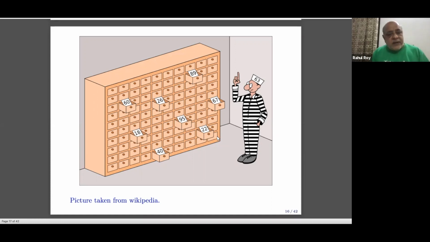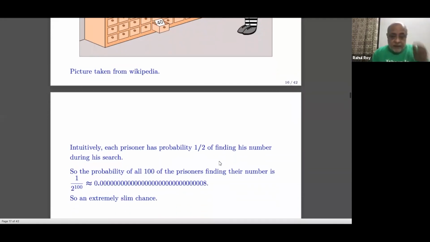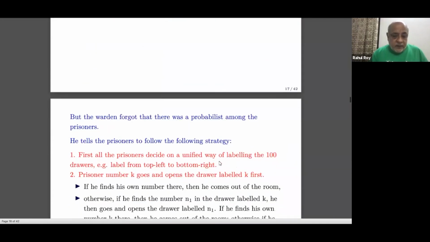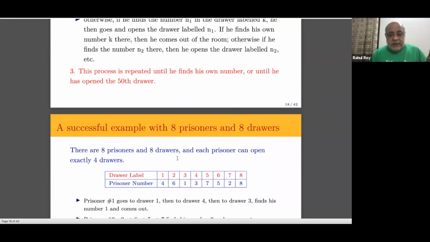And if he finds his own number within these 50, then he comes out, and all the 100 prisoners have to get their own numbers for them to be pardoned by the prison warden. And I gave an example with 8 prisoners and 8 drawers, where each prisoner is allowed to open 4 drawers.